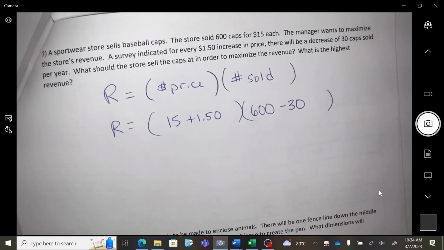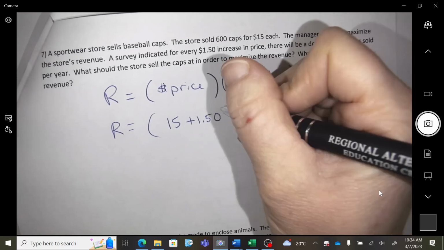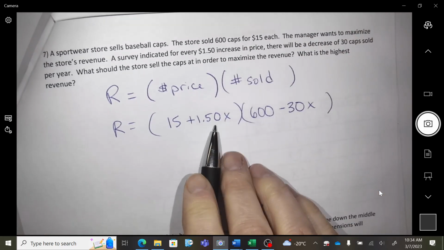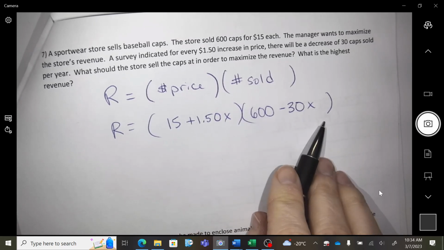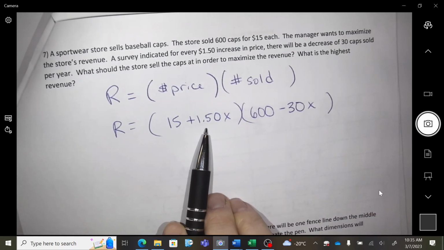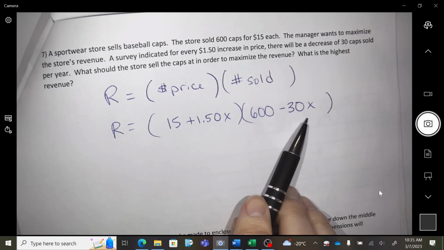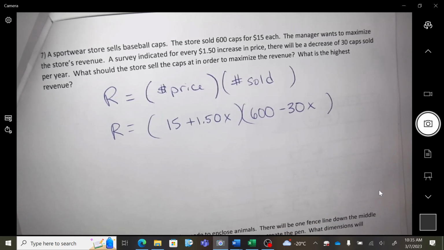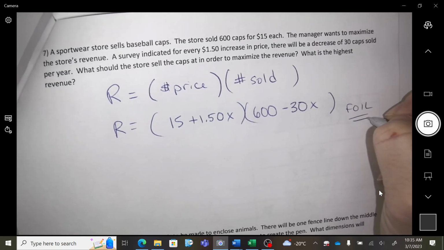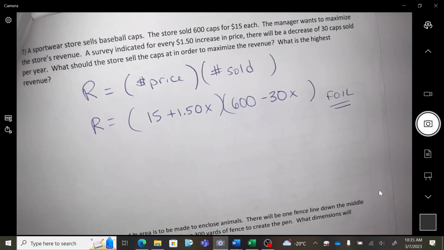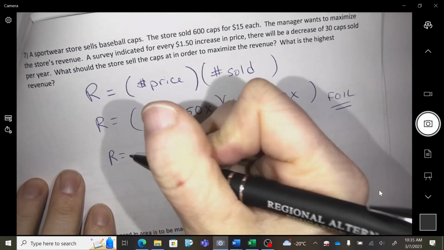So what is this missing? A variable. So if this changes a couple times, this has to also change accordingly. So if you really increase the price by $3, you're going to sell 60 fewer hats. Okay, what should I do at this stage? I should FOIL it out. So you can get me your numbers there.